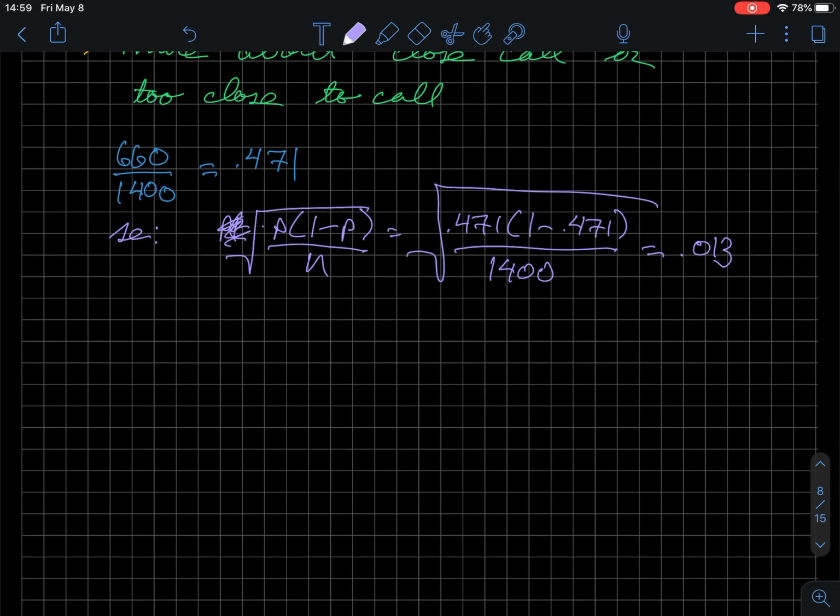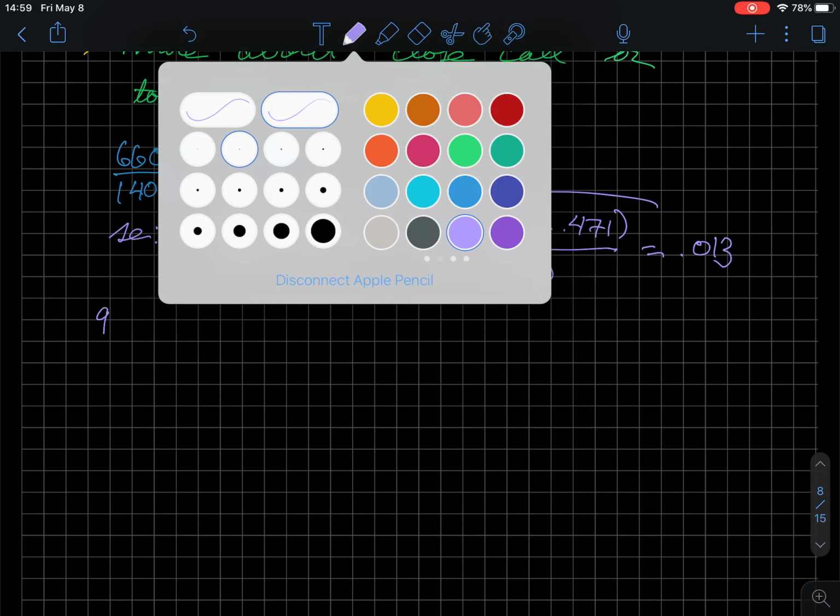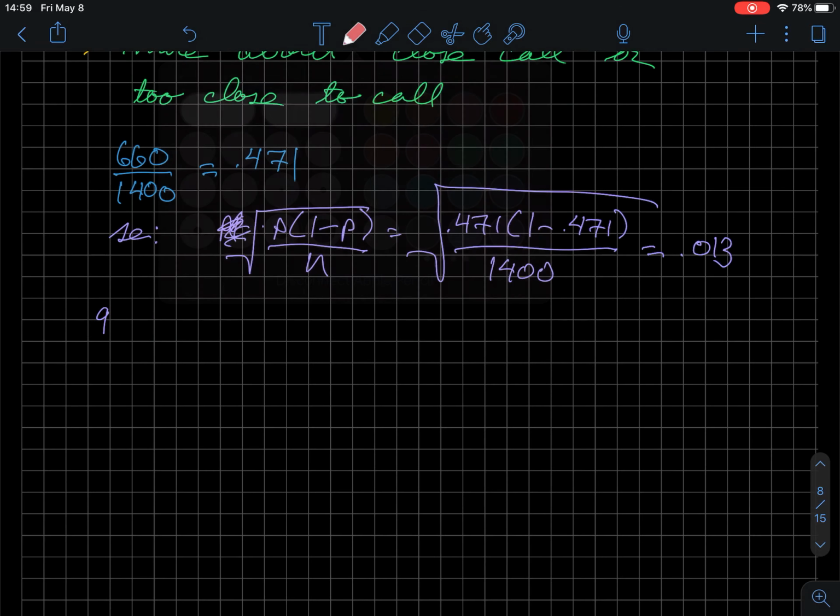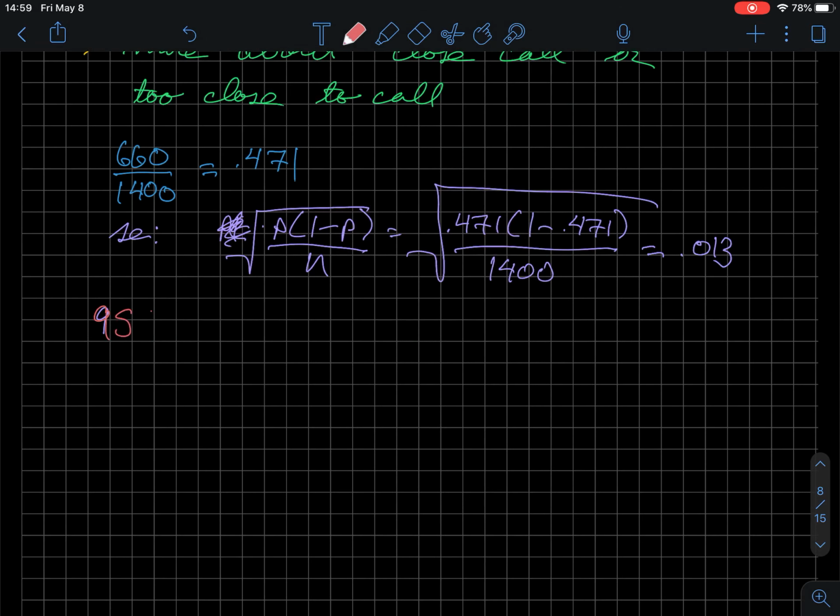Then, let me put a different color here because it's a new step. The 95% confidence interval is going to equal 0.471 plus or minus 1.96, because we're using the 95% confidence level, times our standard error, which is 0.013.